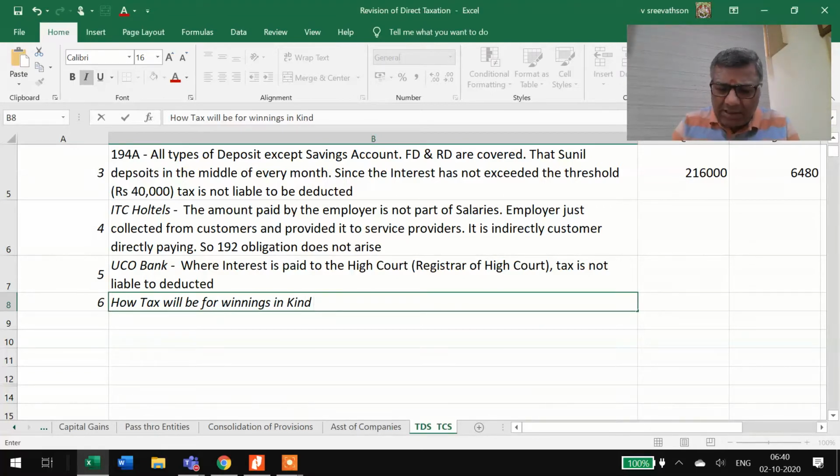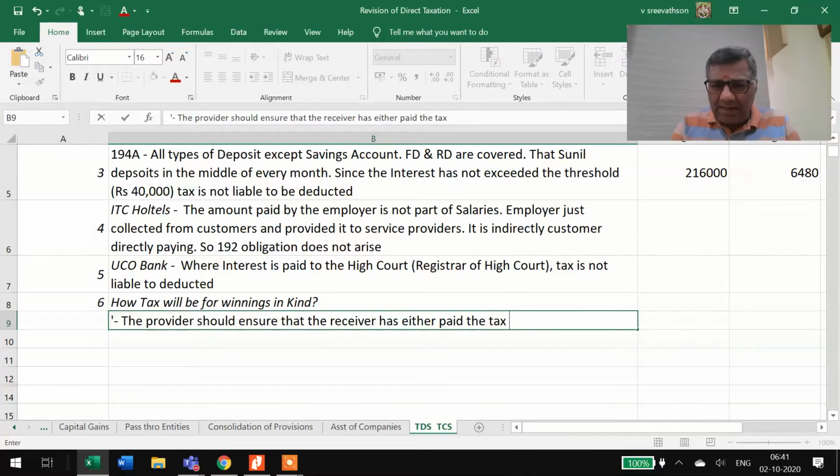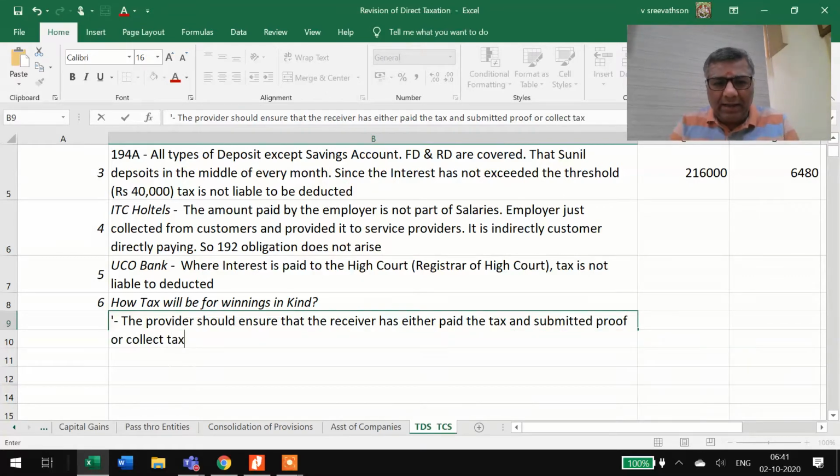The provider, that is the person who is providing the winnings in kind, should ensure that the receiver has either paid the tax and submitted the proof, or collect the tax from the receiver and remit it to the government account.